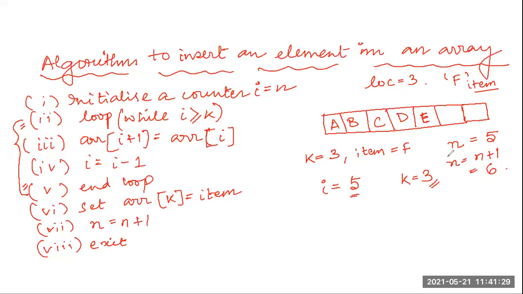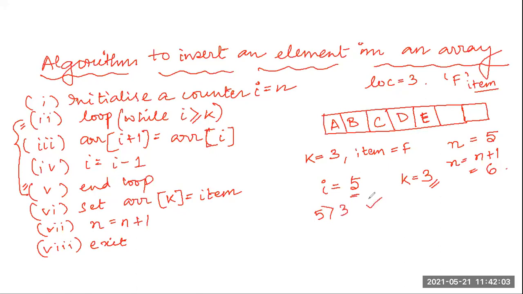One concept I discussed in the last class is that whenever you want to insert anything at this location, this item I will have to shift here, this item I will have to shift here, and then this item here. Then this location will be free and I will be able to insert the element. So first it is checking whether 5 is greater than 3.